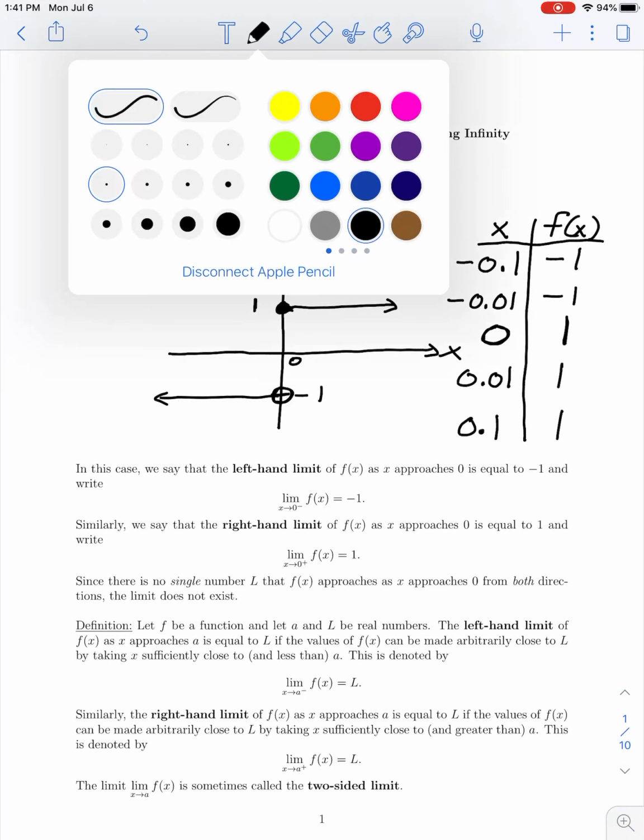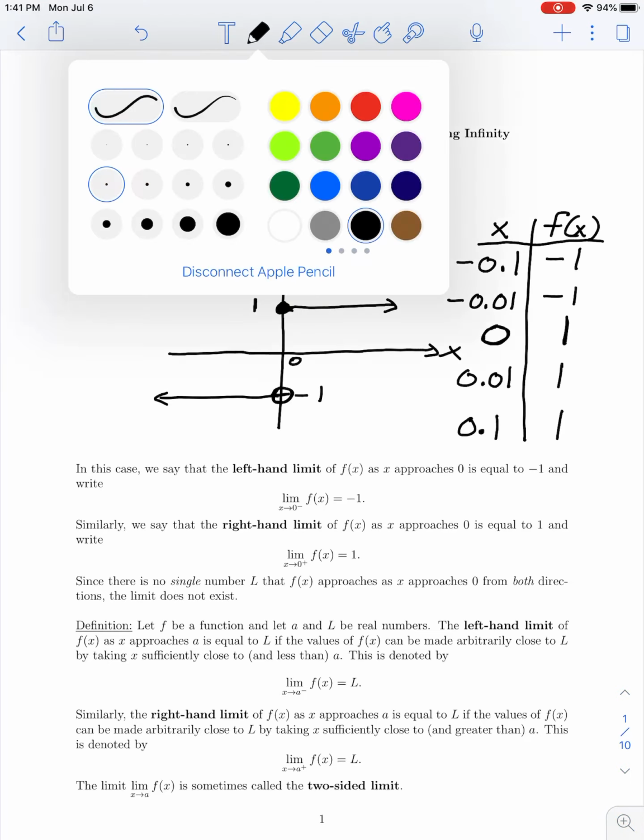We would say the limit as x approaches 0 from the right-hand side. So notice we have a little plus beside the number 0, which is used to denote a right-hand limit, and it means we're considering values of x that are a little bit greater than 0 or just to the right of 0. And as we were approaching 0 from the right, the values of our function f of x seem to be closing in on 1.